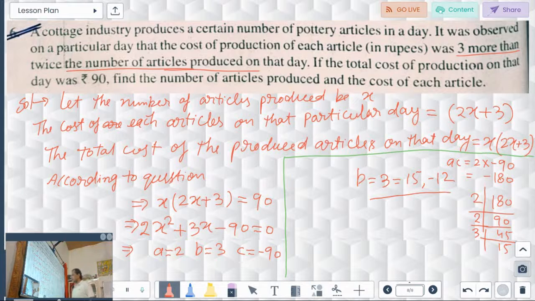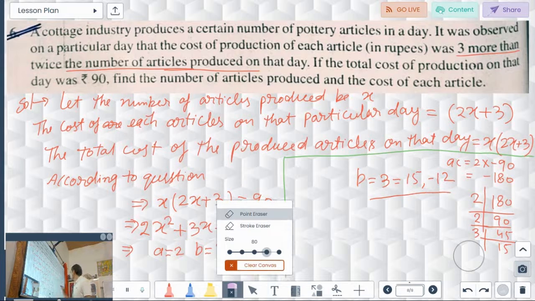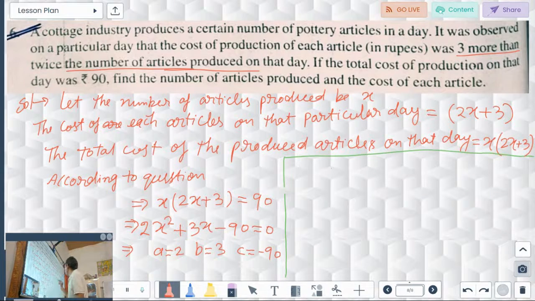These are the factors, okay. We can write this equation as 2x square plus 15x minus 12x minus 90 equal to 0.